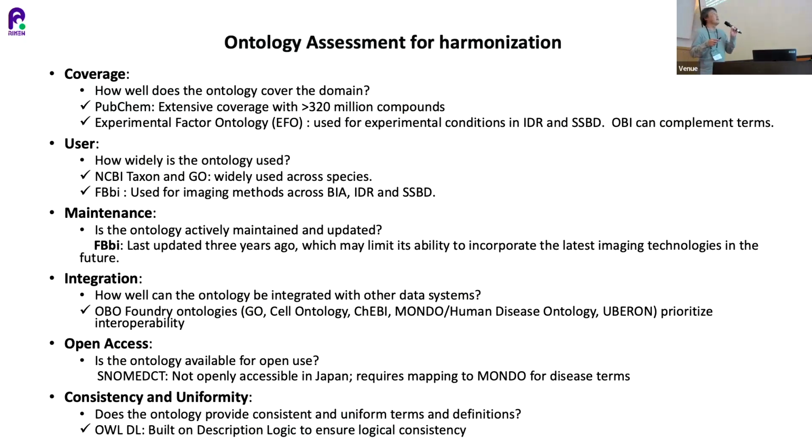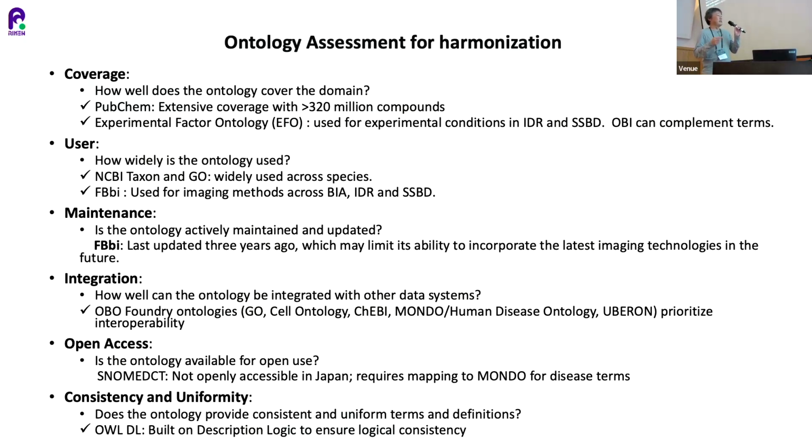From the user point of view, how widely is the ontology used? NCBI taxonomy and GO are widely used. FBbi is used for the imaging method across those three resources. It is widely used, but I think it has limited coverage.